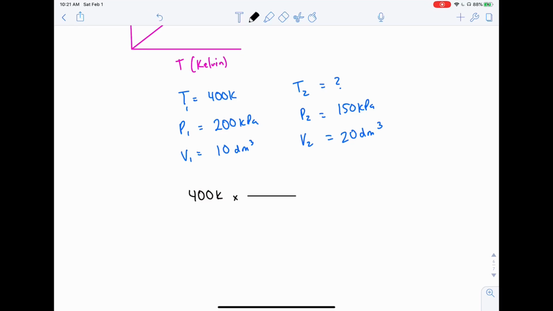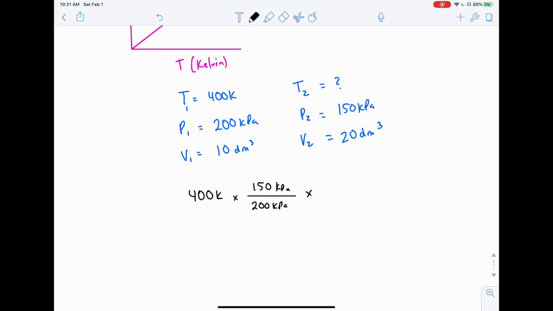Now, what is our pressure doing here? It's decreasing. So if our pressure decreases, what should our temperature do? Decrease. So we multiply by the pressure so the number goes down. How would we multiply by the fraction of these two numbers so that the number would get smaller? 150 over 200. You want to make the number smaller, so that's the way you would do it.